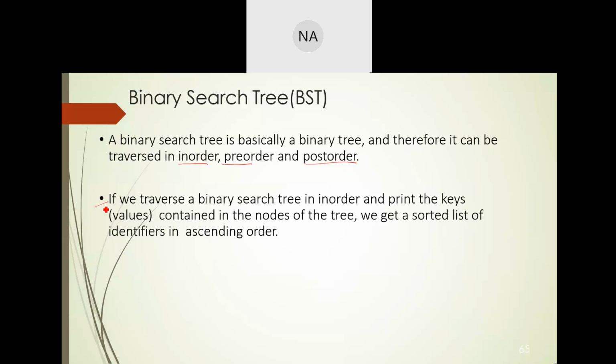If we traverse a binary search tree in order and print the keys contained in the nodes of the tree, we get a sorted list of identifiers in ascending order. This is the important property of the binary search tree.